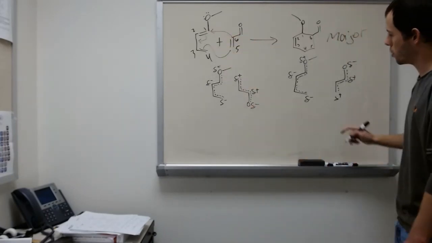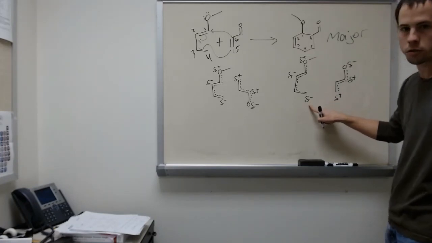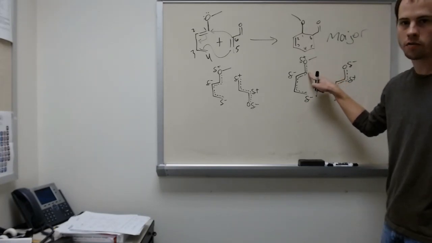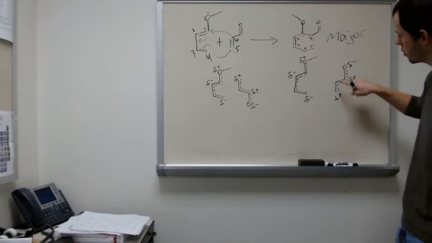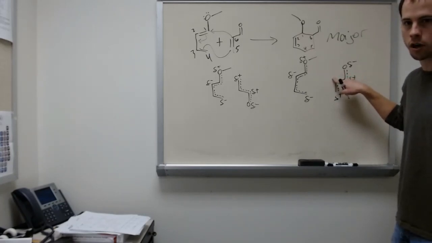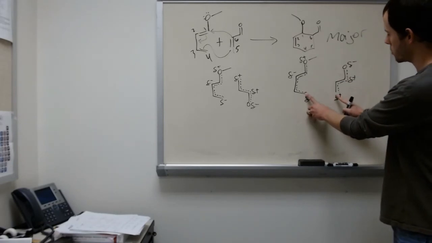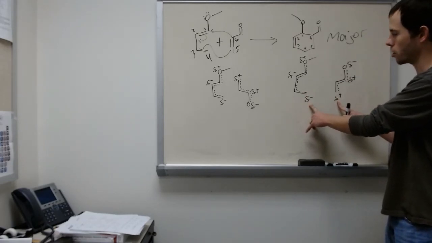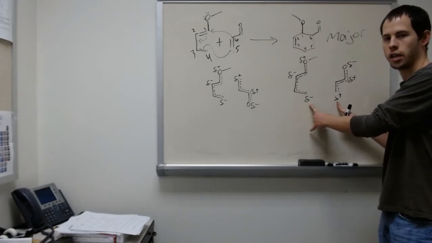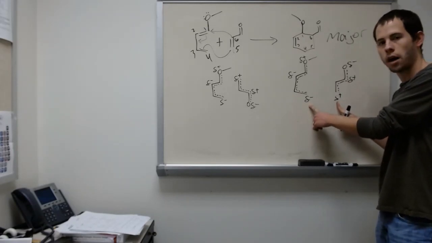So let's take a look at those. In this carbon we have a partial negative. This carbon we don't have any charge. In this case, this carbon has a partial positive. This carbon doesn't have any charge. And so if these two carbons are reacting with each other, they have the partial charges on them, they are going to have the most attraction, and our reaction is going to go via this pathway.